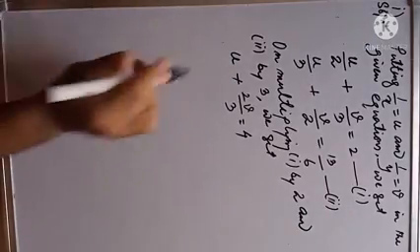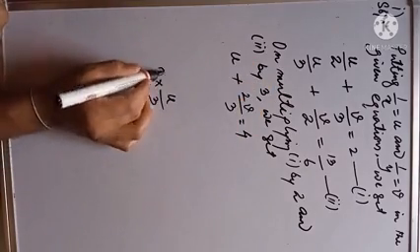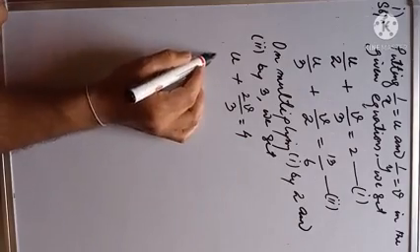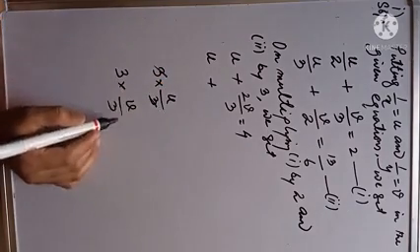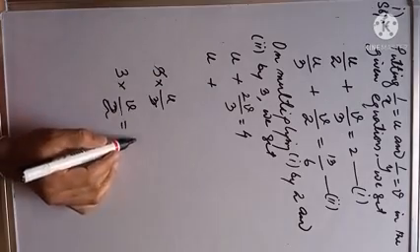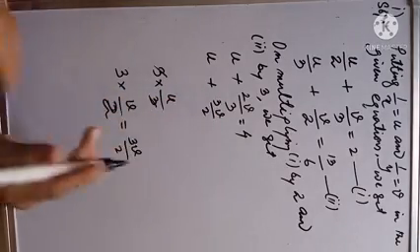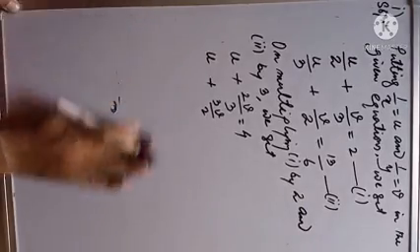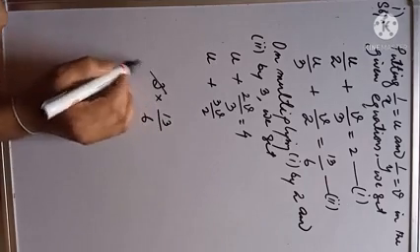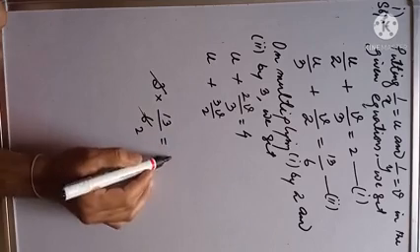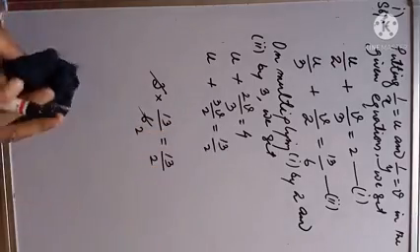Next, equation 2 by 3. Here u by 3 into 3, the 3s cancel, so we get u plus. If we multiply v by 2 by 3, we get 3v divided by 2. And on the right, 13 by 6 multiplied by 3, so 3 into 13 divided by 6, 3 twos are 6, gives 13 divided by 2.